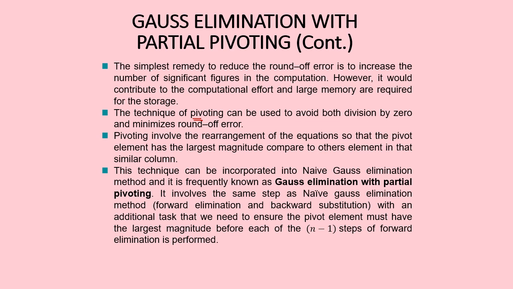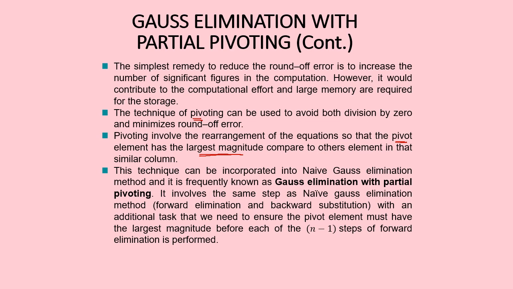Pivoting involves the rearrangement of the equations so that the pivot element has the largest magnitude compared to other elements in that same column. This technique can be incorporated into the naive Gauss elimination method and it is frequently known as Gauss elimination with partial pivoting.